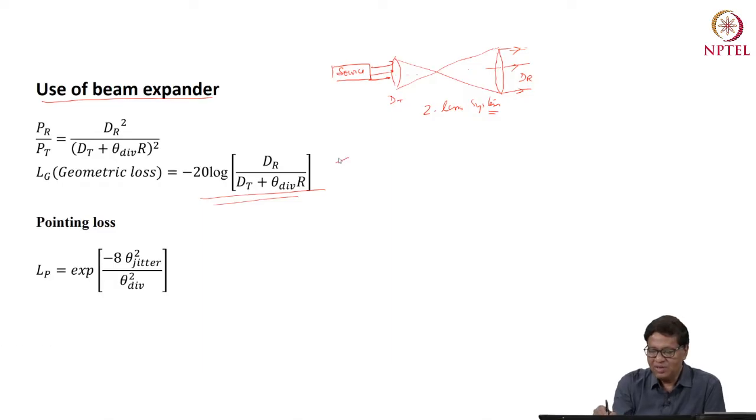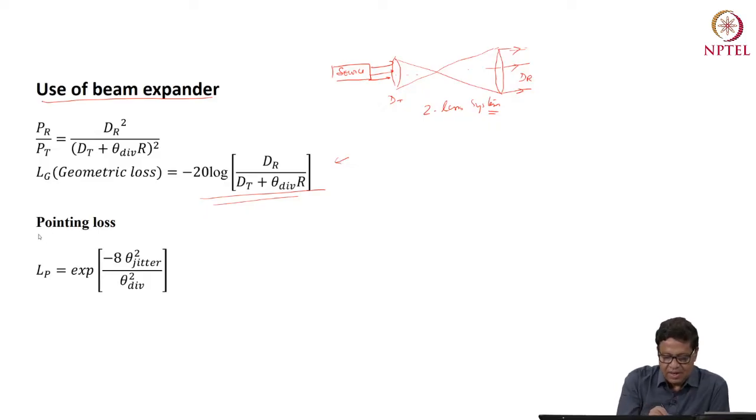So here you see, as compared to earlier, the geometric loss is less. And because the geometric loss is less, you get more power at the receiver. So there is improvement in the performance because you have got more power because of this arrangement using beam expander. So this is how one can handle the beam divergence loss using beam expander or a two-lens system.